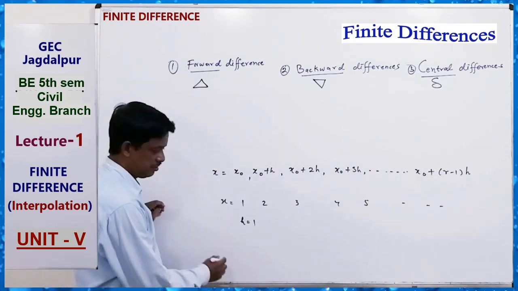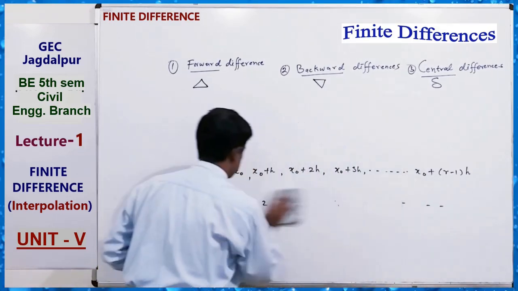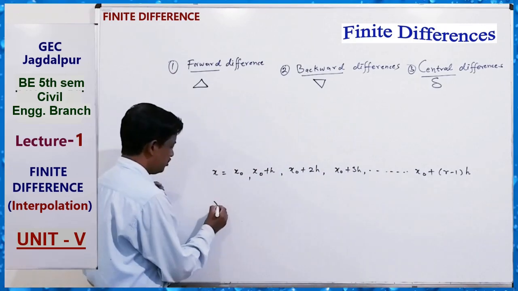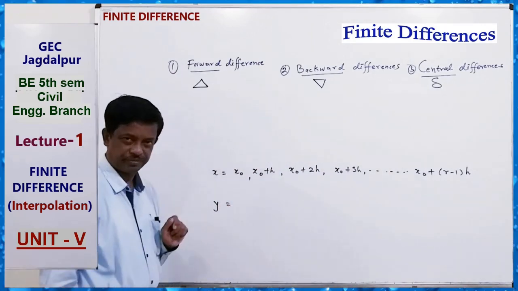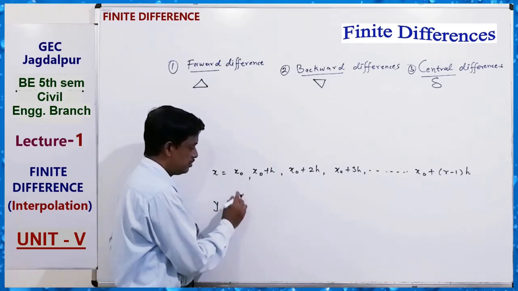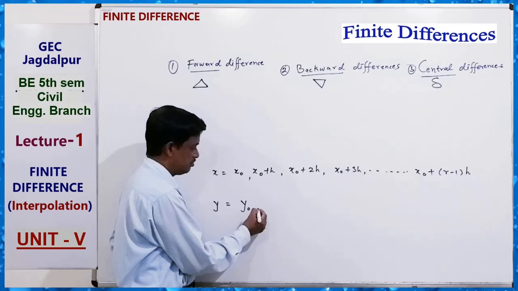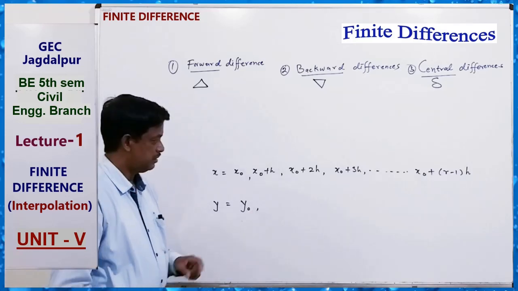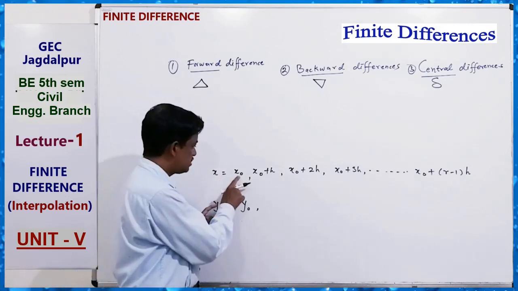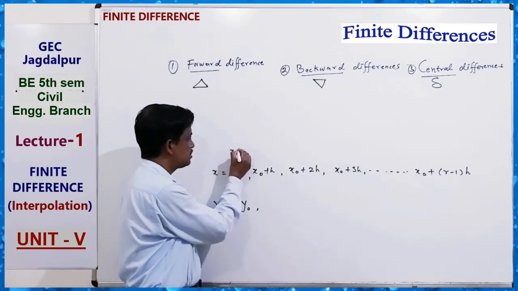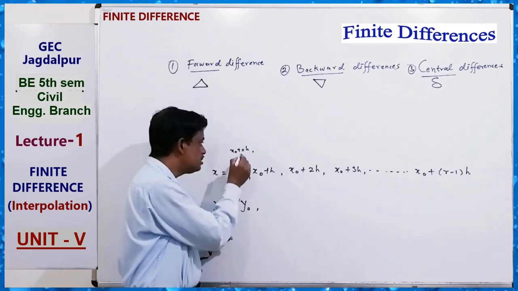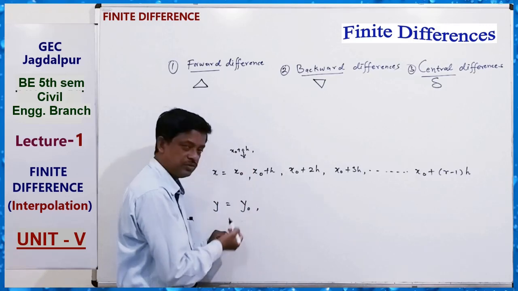And the values of y are denoted like this: corresponding to x0 is y0. The notation depends on this: x0 plus 0 into h, so this 0 is used for the notation y0.